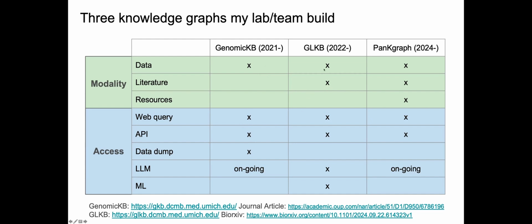And for GLKB, we started with query, API, and LLM, and machine learning. For PanKgraph, right now, we can only do web query and API. The LLM interface is ongoing. So the goal is to allow the knowledge graph to be accessed in different ways, either web portal or API or entire data dump or LLM or machine learning. So gradually we will enrich the utility of all these three knowledge graphs.